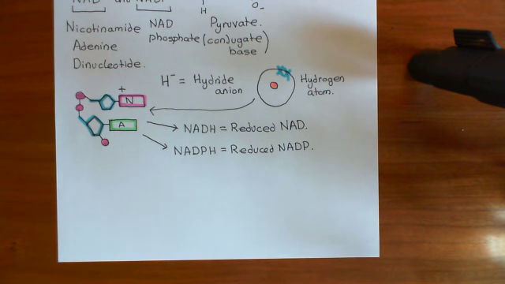It doesn't occur within the matrix of the mitochondrion, it all occurs within the cytoplasm. Okay, but we'll look at the pathways by which we get acetyl coenzyme A out of the matrix of the mitochondrion and into the cytoplasm in the next video.